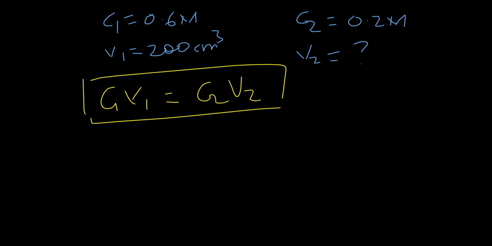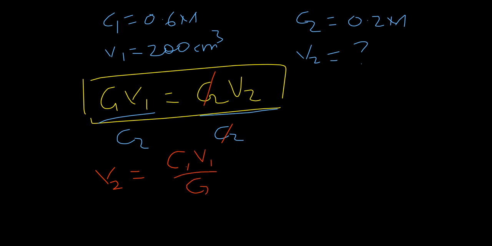So we divide by C2 to make V2 the subject. Divide by C2. When you do that, you get rid of the C2 here. So we are left with V2, that's what we are looking for. That will give us, sorry, C1V1 all over C2. So that's what we're going to use.